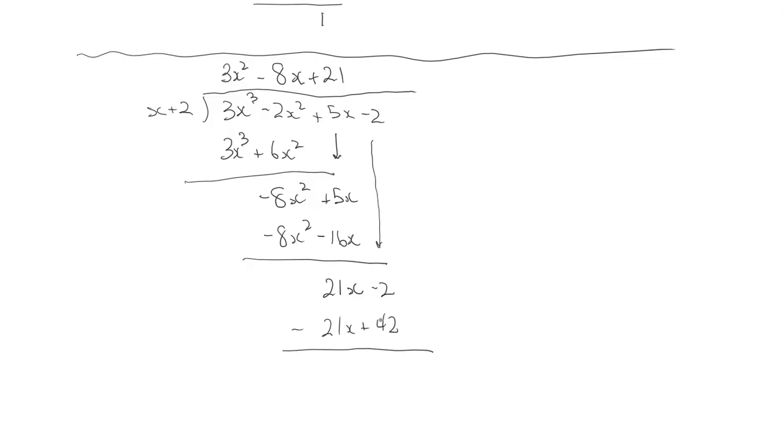We're subtracting. Negative 2 subtract 42 is negative 44. So therefore my polynomial, cubic polynomial, is equal to x plus 2 by 3x squared minus 8x plus 21. And then I've got this remainder of negative 44, which I kind of like to write like this.